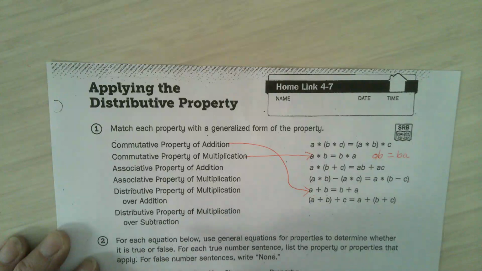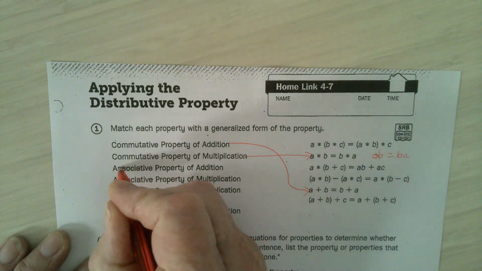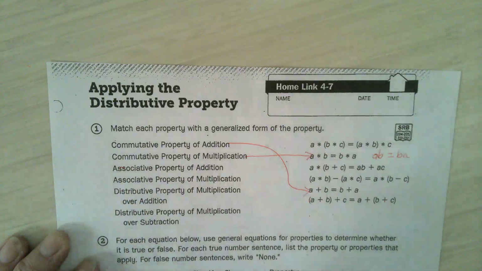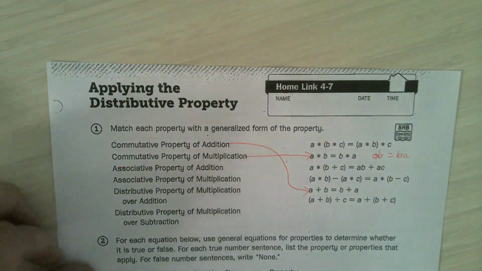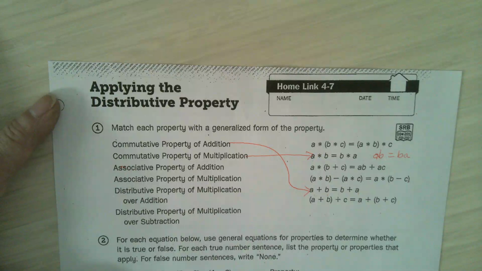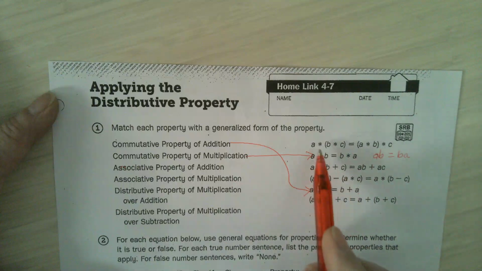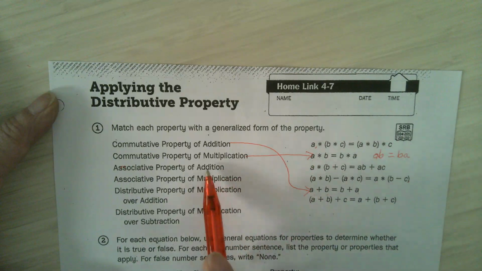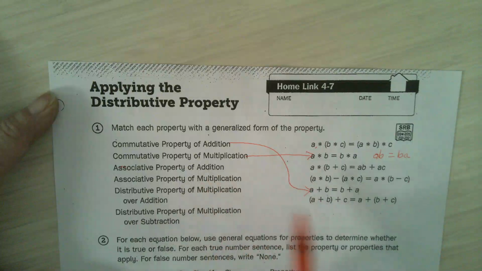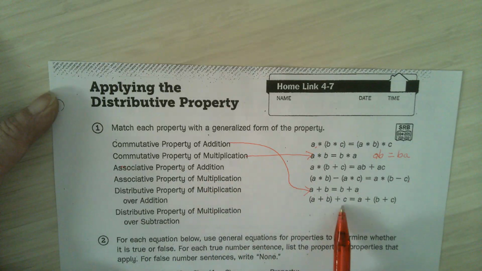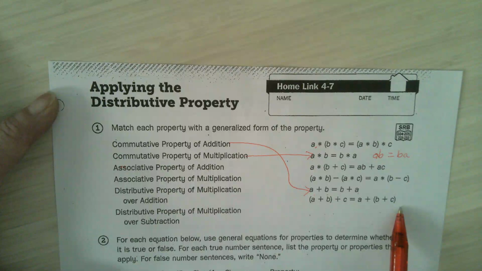The associative property of addition. We're going to be looking for plus signs where the parentheses move around. Remember, associative property has two S's. We think of them as parentheses that move around. So here we have that's multiplication. We want the one with addition. A, B, C. A, B, C. Did the letters move?